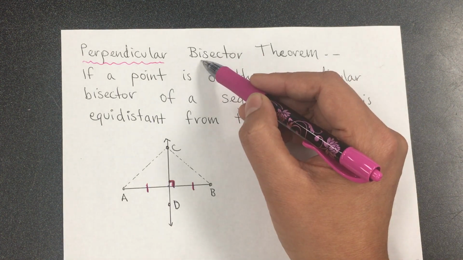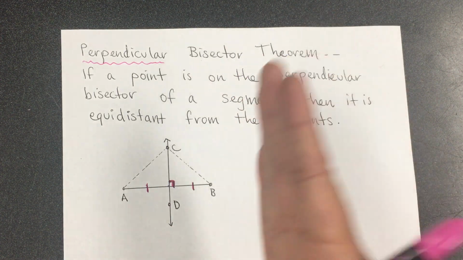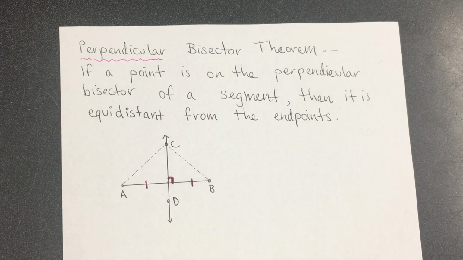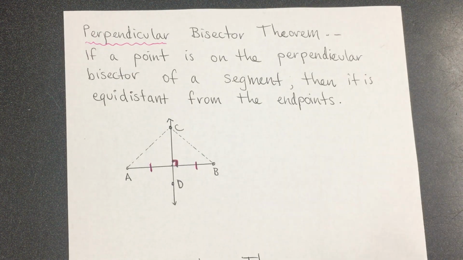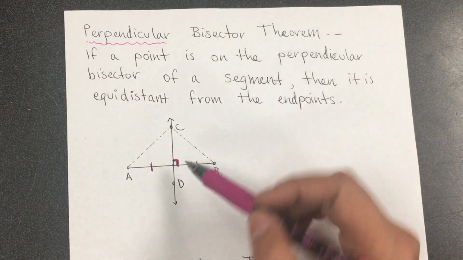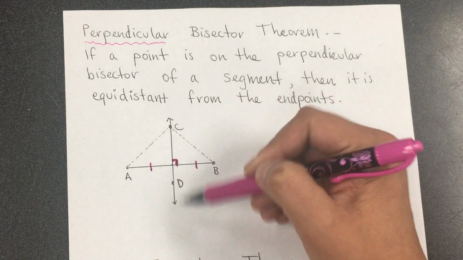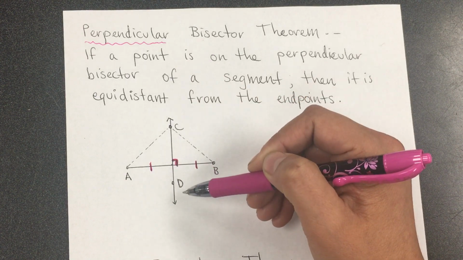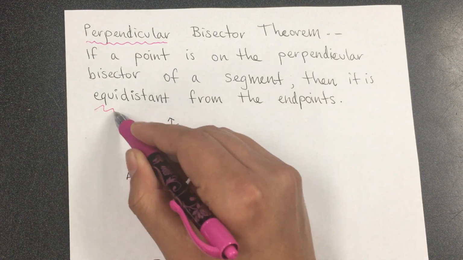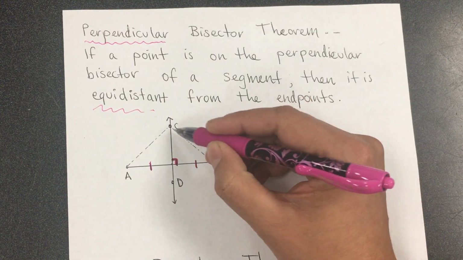Bi means two, sect is to cut it into two sections, okay? So perpendicular bisector, so if a point is on that perpendicular bisector, that point is equidistant to the endpoints.